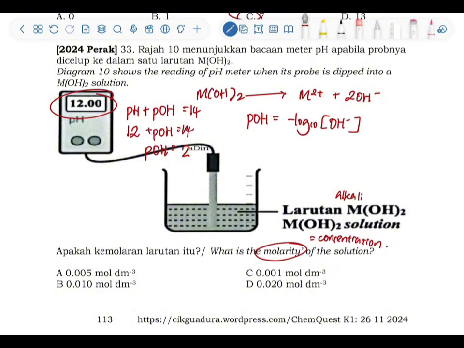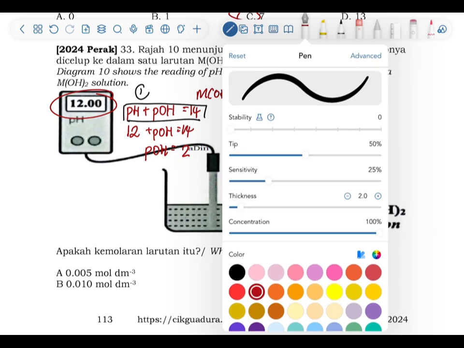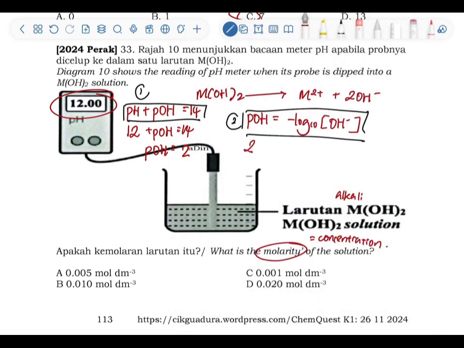This is another equation. This is the first chemical formula, and this is the second. Since we get this pOH of 2, we just substitute it in. So our concentration for the hydroxide ion will be 10 to the power of -2.